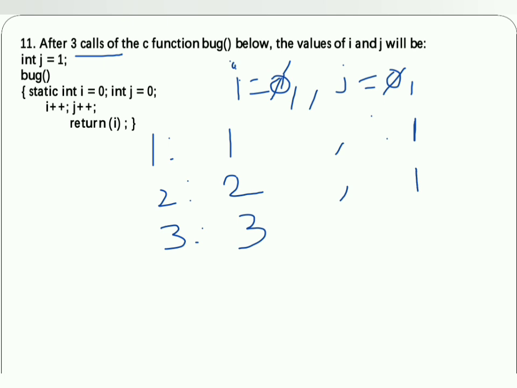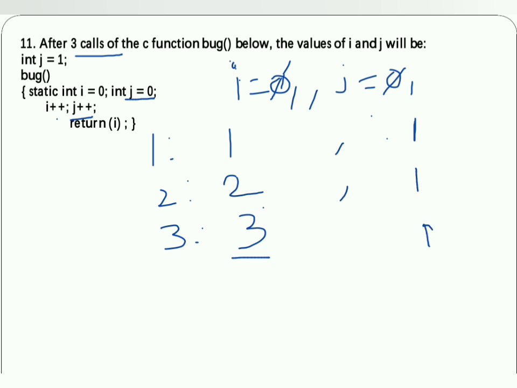So now in the third iteration, the i value is 2 and the j value is 1. So again for the third function call, j will become 0 and i is 2. So post increment the value of i, it will become 3, and the j value is post incremented, so it will become 1 again. Right.